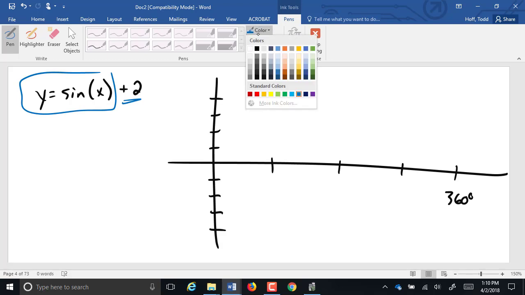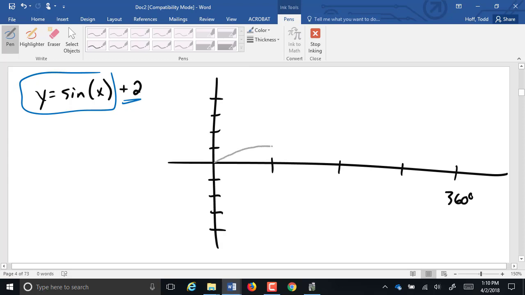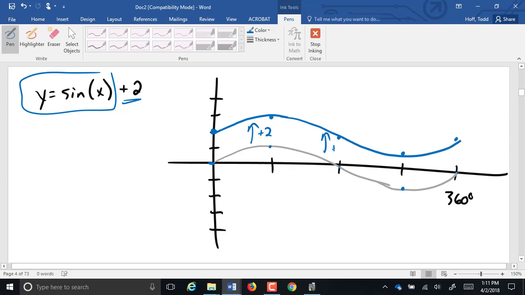So if I had my y equals sine x here, it would look like this. If I add 2 to everything, starting here with 0 plus 2, it'd be at 2, right? This is at 1. What's 1 plus 2? 3. What's 0 plus 2? 2. What's negative 1 plus 2? Positive 1. 0 plus 2 is 2. All I did was move the whole curve at every spot up 2.